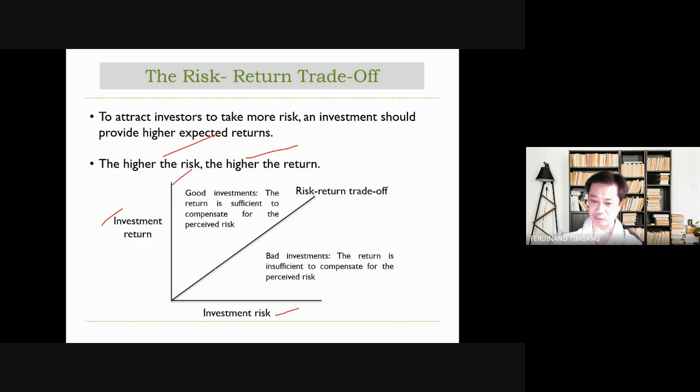No? Kaya kung nandito yung risk, nandito lang yung return. But if the risk is here at this point, then the return should be at that point, mas mataas. So that is the general idea with regard to the higher risk and the higher return, because you're asking for more premium for taking that risk to invest in that particular security.